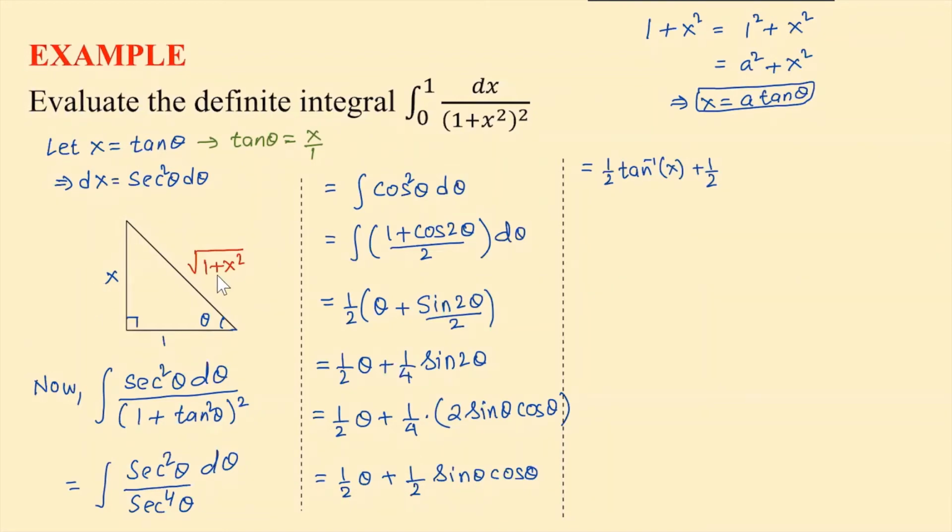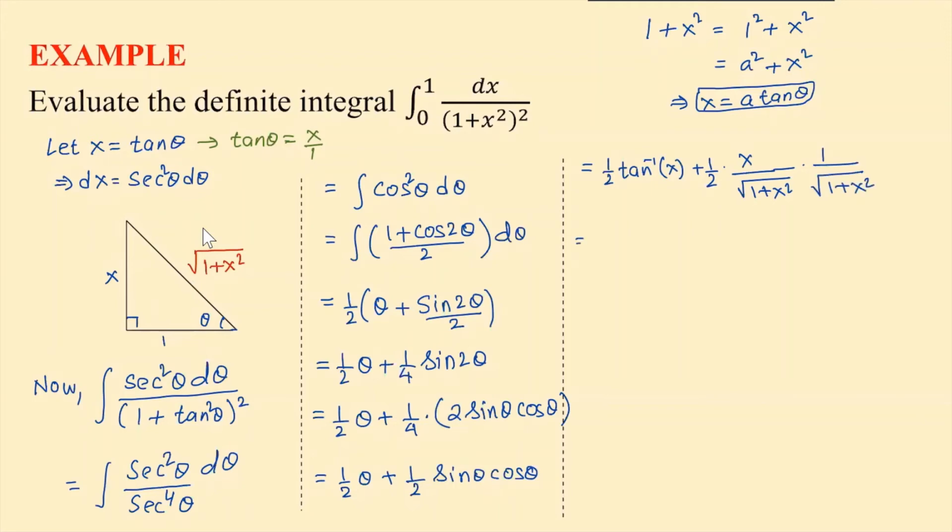Sine is opposite over hypotenuse, so it will be x over the square root of 1 plus x squared, times cosine theta. Cosine is adjacent over hypotenuse, so it will be 1 over the square root of 1 plus x squared.